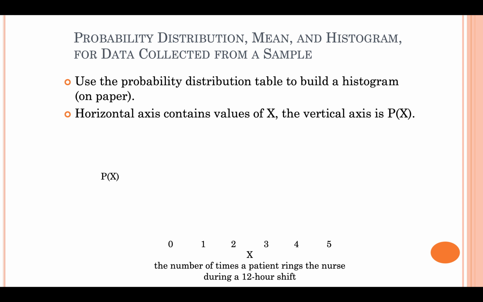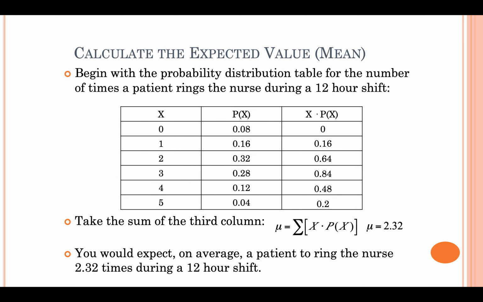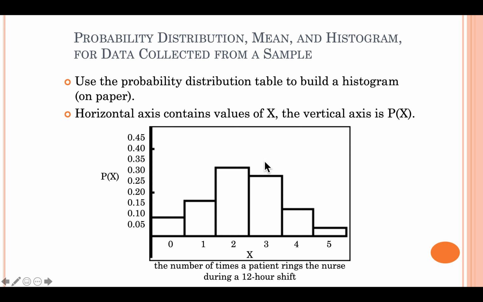Now your first probabilities, let's try to recall these, 0.08, 0.16, 0.32. So you make the height of your bar 0.08, 0.16, 0.32, and then the other heights represent the other probabilities for those values of X. And this is your completed probability histogram.